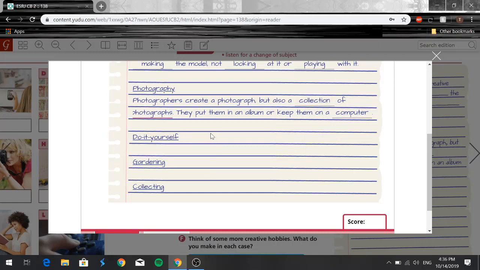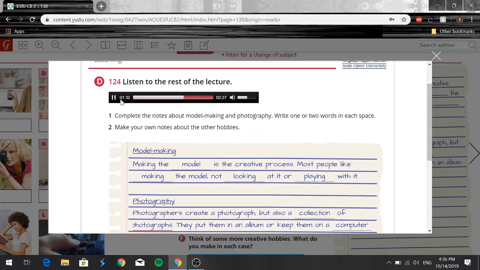Sometimes with DIY, there's a clear result. Perhaps people make a table or a cupboard. Most DIY, however, is simply repairing something. Repairing a broken door, doing some electrical work, or painting a room, for example. You're still making something, though. You're making the lights work, or you're making the room look nicer.